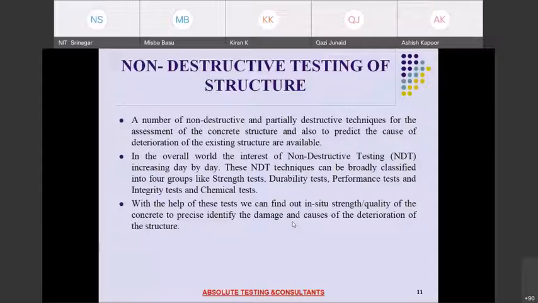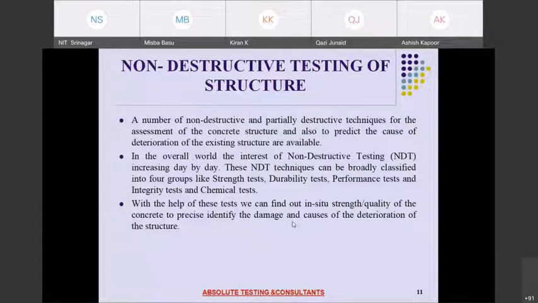So a number of non-destructive and partially destructive, or call it semi-destructive, techniques for the assessment of concrete structures, and also to predict the cause of deterioration of the existing structure, are available. We have classified the NDT into 4 groups. First and very important is the strength test.